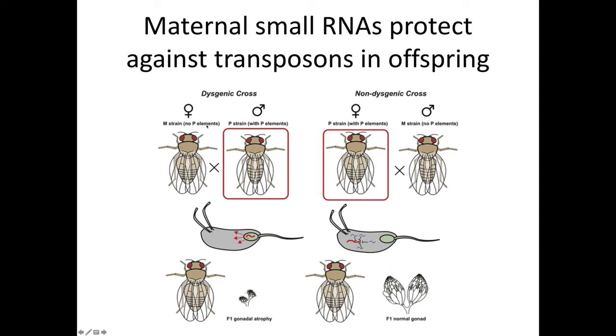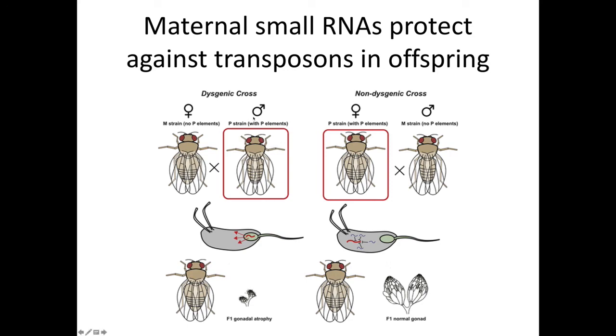But we have a curious case in which you can have dads have these transposons inside their genome. You can have dads over here with transposons in their genome, shown in red, and the mothers don't have these transposons. Because the mothers don't have the transposons, they don't have the ability to generate these small RNAs.